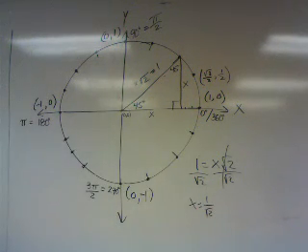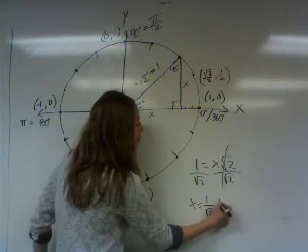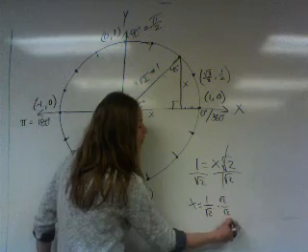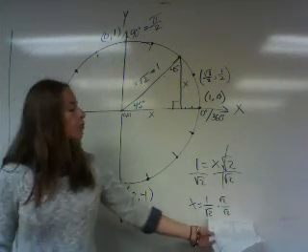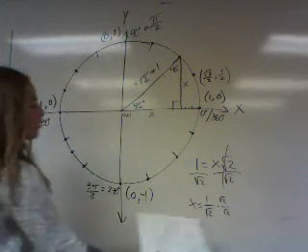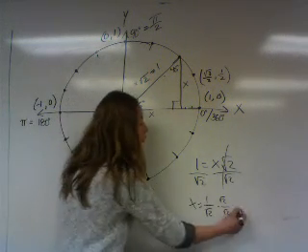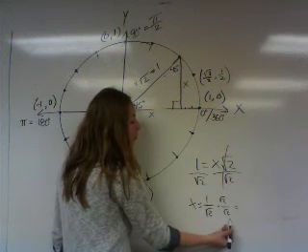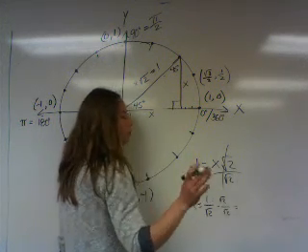Now the problem is we can't leave answers with a radical, a square root symbol in the denominator. We can't do that. So we have to multiply this by the square root of 2 over the square root of 2. So to get rid of this square root in your denominator, you just multiply the entire fraction by the denominator over the denominator. When you multiply a square root by itself, the square root symbol goes away, you just get 2.